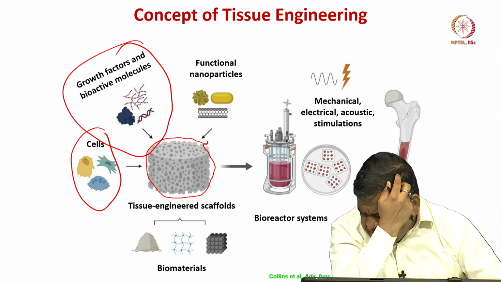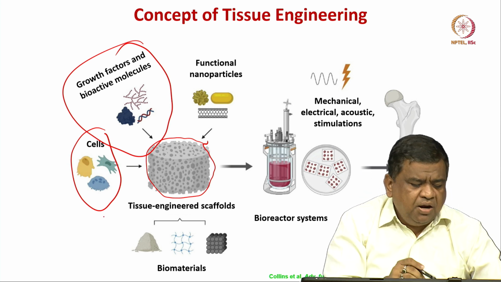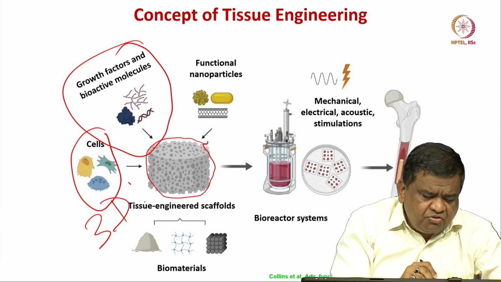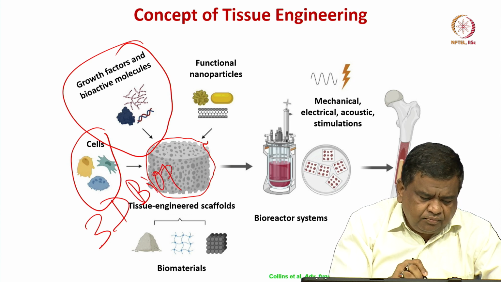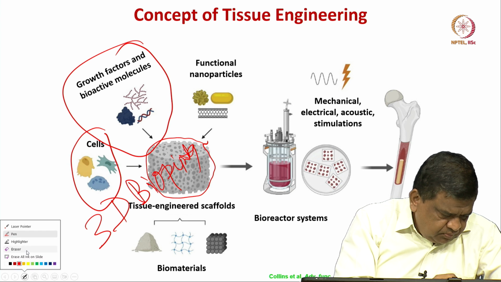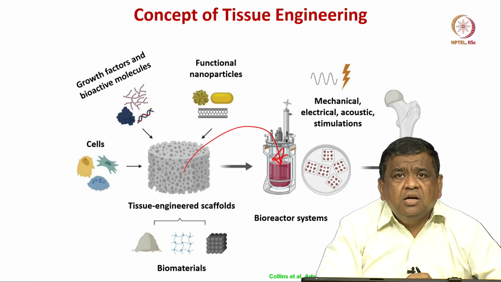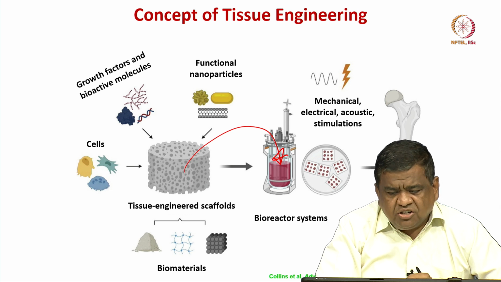Coming back to when cells are contained within these scaffolds and you are doing 3D printing, this process is called 3D bioprinting. Then you allow maturation of these 3D bioprinted scaffolds to take place in a bioreactor system.